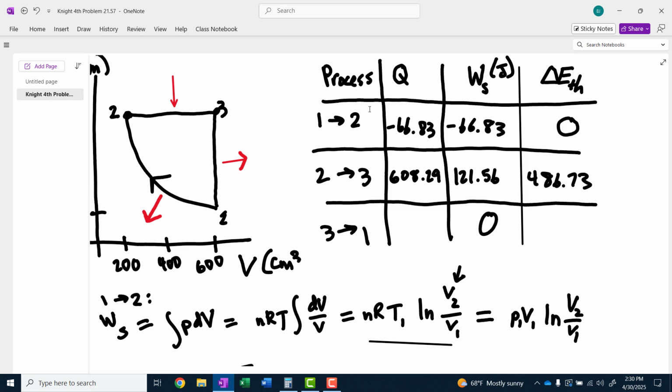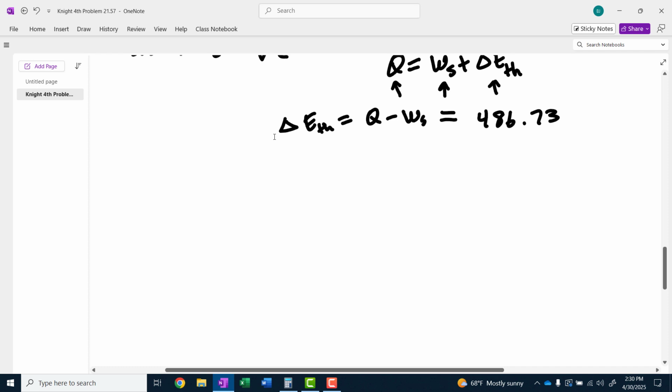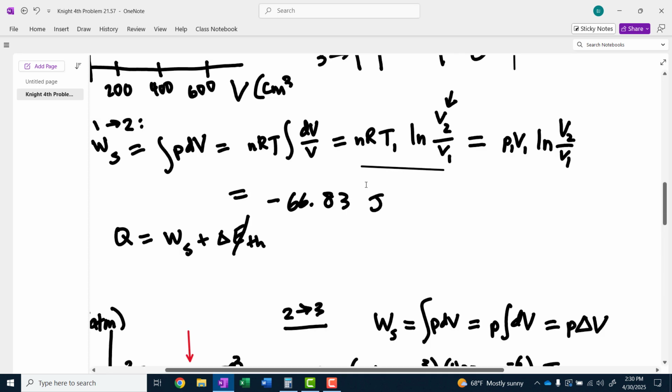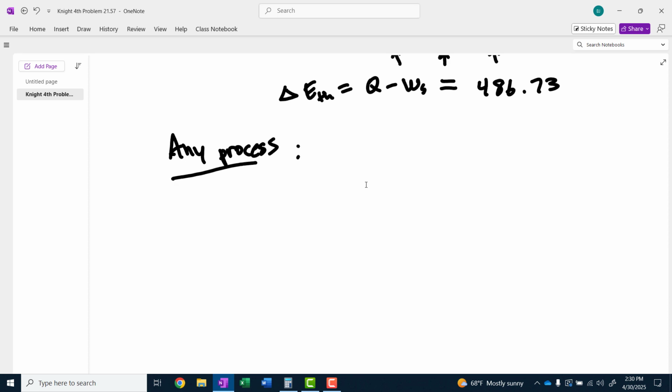And maybe this is a good time to remind you of the super important point from chapter 20, I believe. For any process at all, even if it's not constant volume, you can still use this equation.